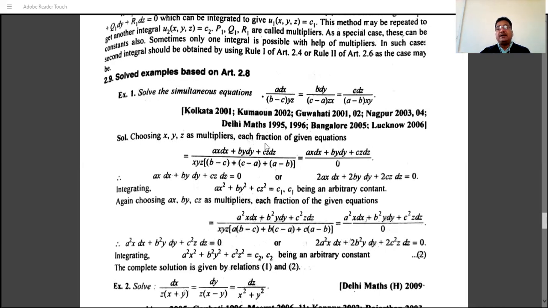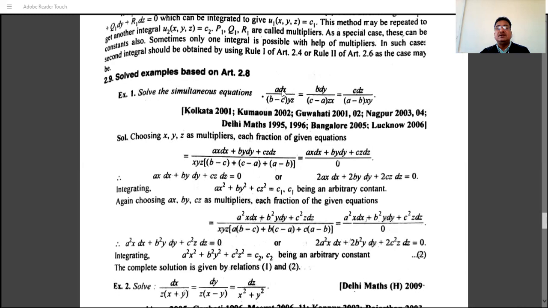So each ratio is equal to, right? The first step is to choose multipliers x, y, z, then each fraction or each ratio is equal to a x dx plus b y dy plus c z dz in the numerator, multiplying the first fraction by x, then y, and then z.